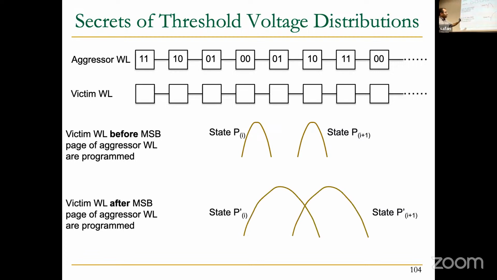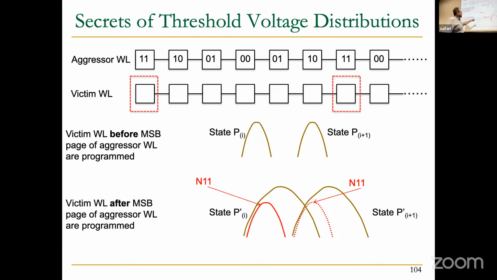When you program, this is the distribution of your victim row, but this shows the overall distribution for the whole cells that you have in that row. But if you condition it, like, I'd like to show the distribution of the cells where the neighboring value is 1, 1.